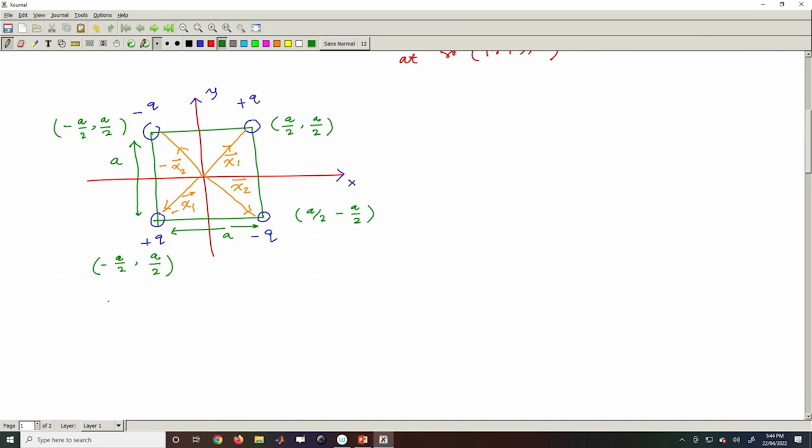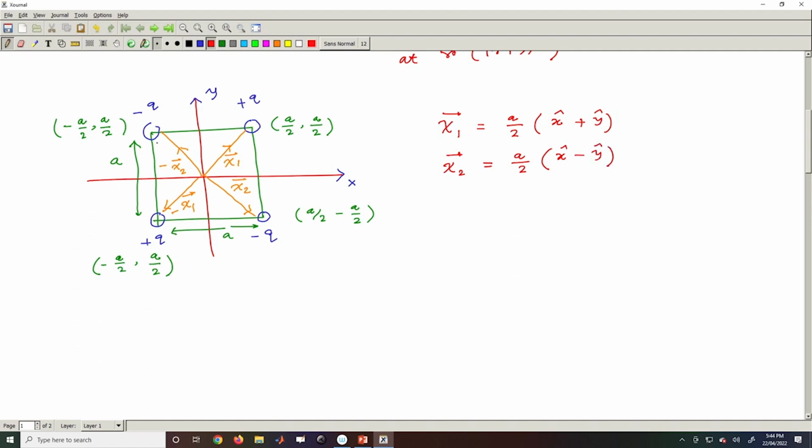Once you know the location, the next thing is very straightforward, and that is to find out chi 1. So, the chi 1 vector, which is the location of this, is simply a by 2 times x unit vector plus y unit vector, and chi 2 is a by 2 times x unit vector minus y unit vector.